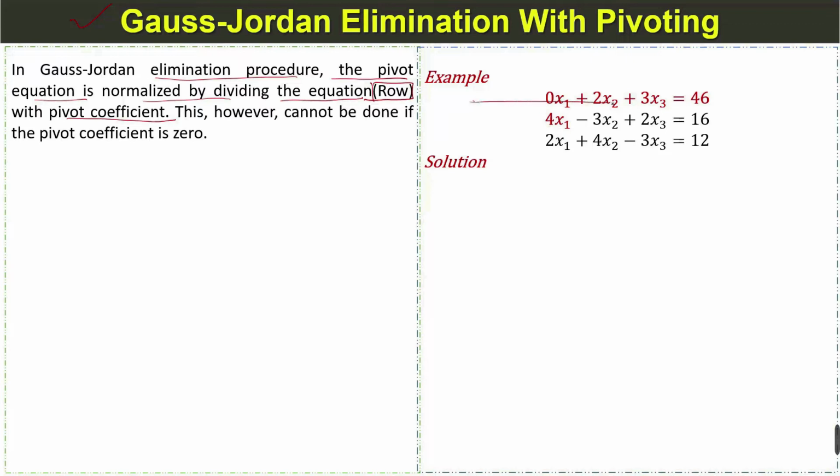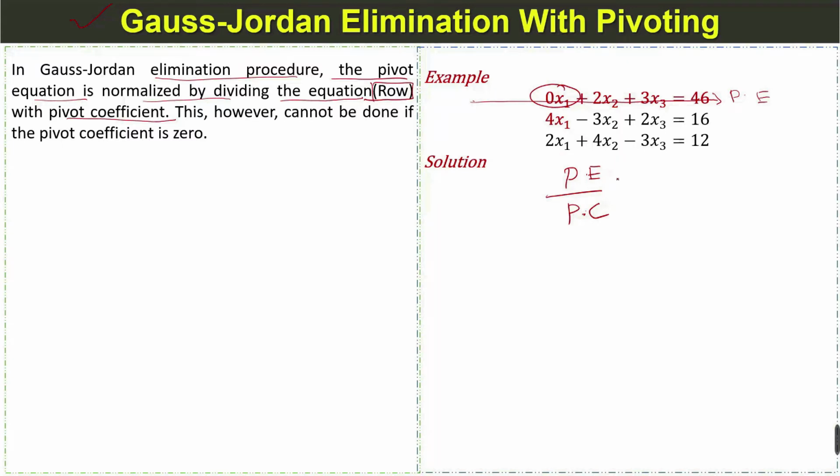For example, this is the pivot equation, and this one is the pivot element. To normalize this pivot equation, we divide it by the pivot coefficient. This is the pivot coefficient, and to make the pivot coefficient 1, we normalize.